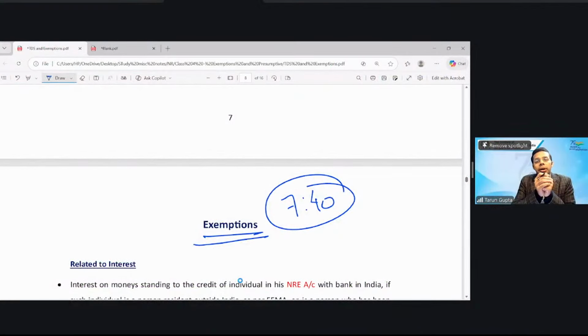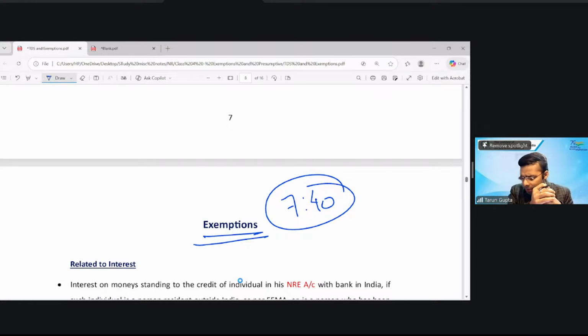First half, the TDS provisions specifically applicable to non-residents. The most important is Section 195, which is applicable on any sum payable to a non-resident which is chargeable under the Act. This shall be subject to TDS, and the payer, whether resident or non-resident, is required to withhold tax.